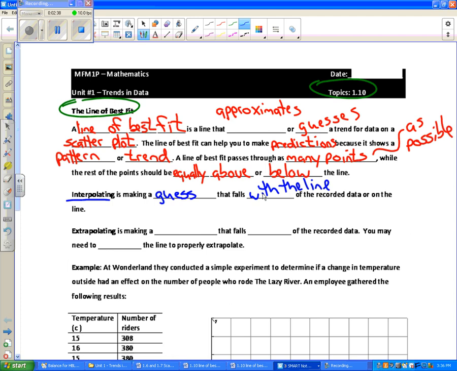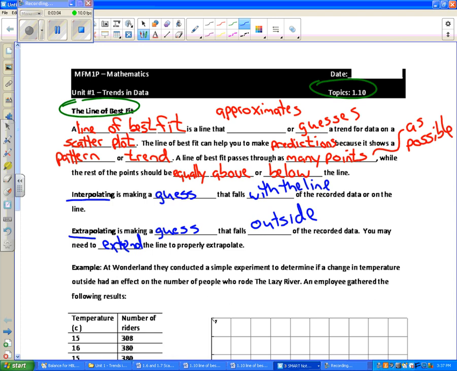Extrapolating is making a guess or a prediction that falls outside of the recorded data. To extrapolate, you may need to extend the line to properly extrapolate.